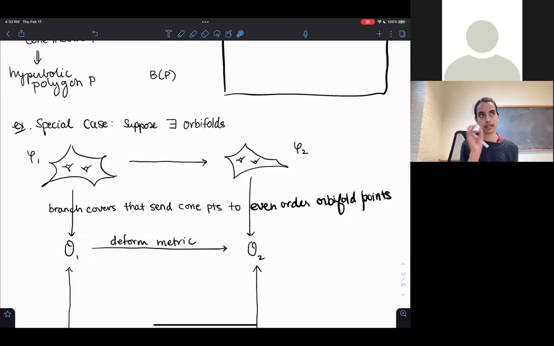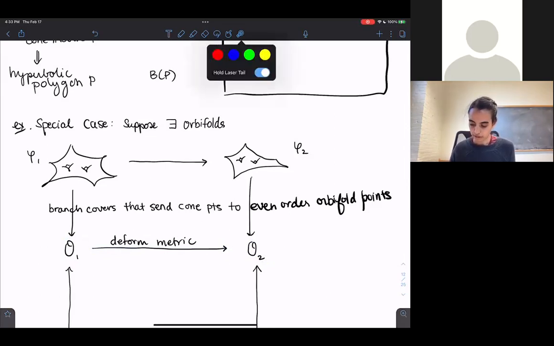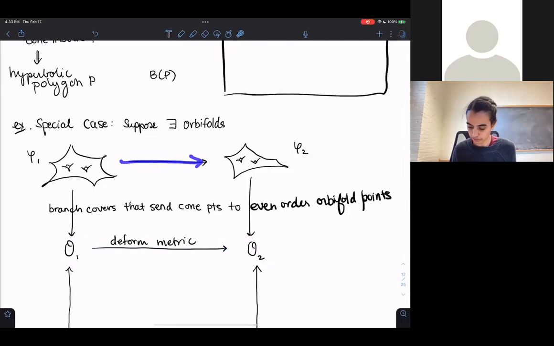So suppose I can, without changing the topological type, deform this orbifold. Here I'm deforming the metric to O2, but they have the same orbifold fundamental group. Then I could induce a deformation up here, and I would get a new surface of the same topological type as the original, but with a new metric, phi2.